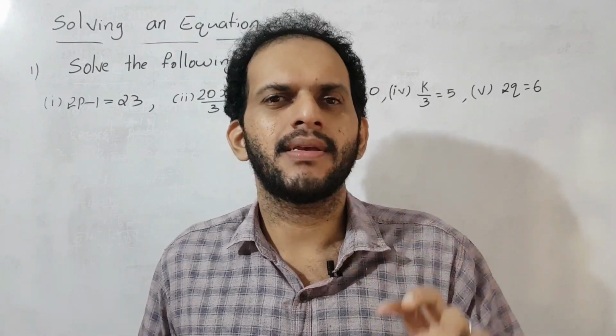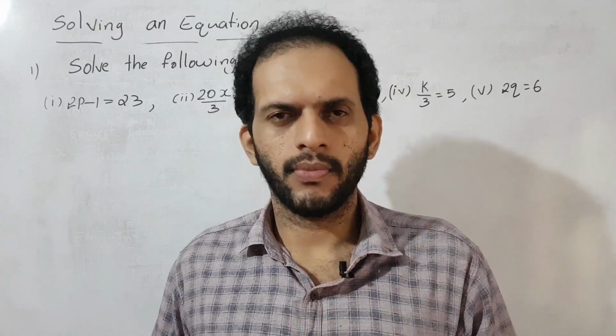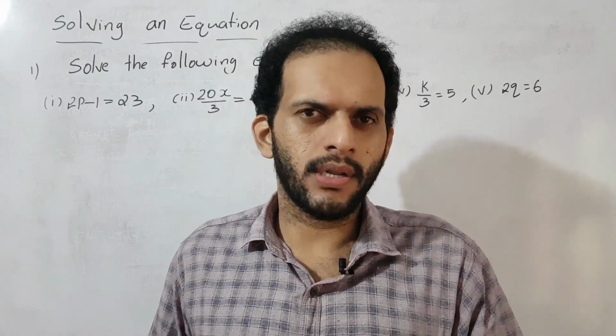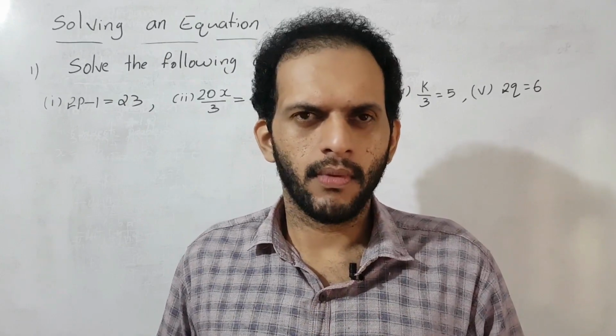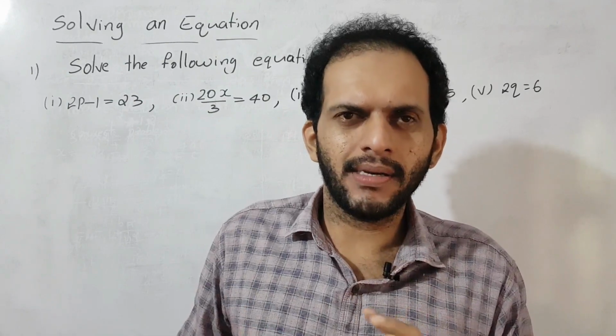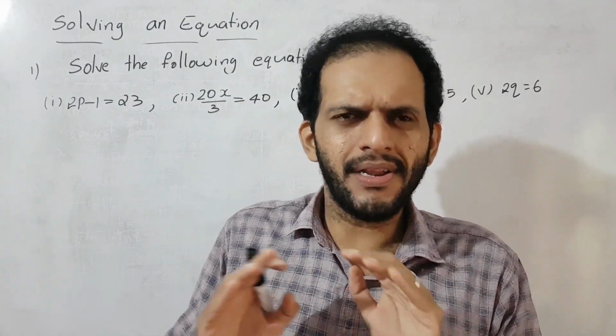Here we are discussing two methods to solve the equation. One is the balancing method and another one is the transposing method. Actually they are the same. We follow the same idea in both cases, with little changes.